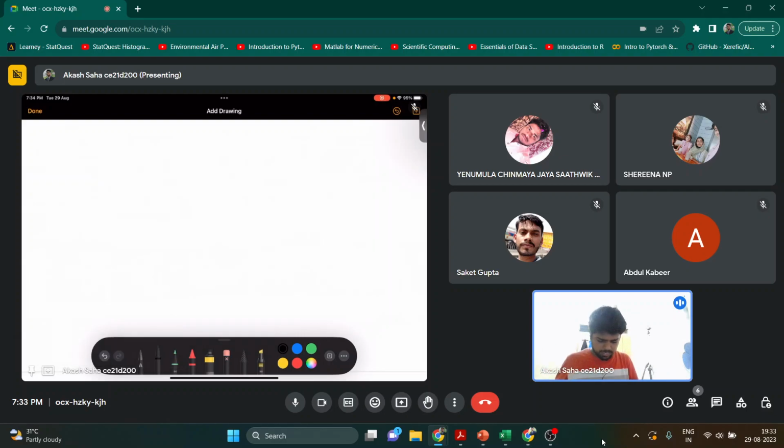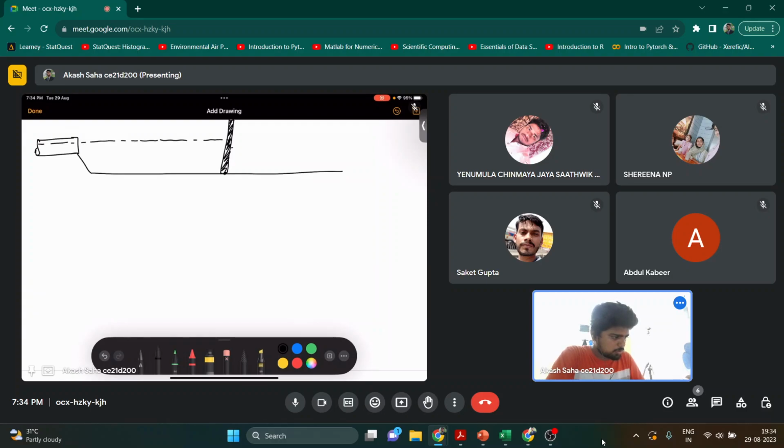So again, I will just roughly draw the diagram. So this is the sewer line. This is my screen chamber. Okay, so we have found D2, which is equal to 1.17.